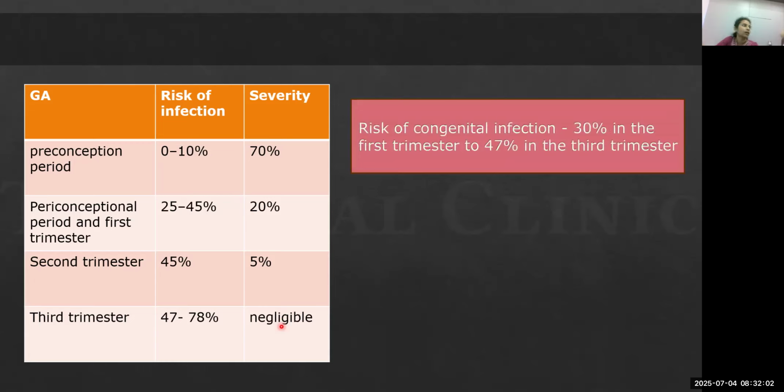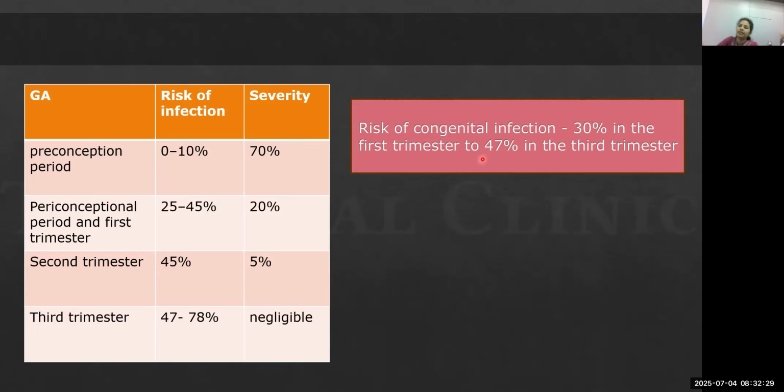It's not true universally about the severity. For example, chicken pox can be severe in the perinatal period also. So the thing we have to understand is early in pregnancy when the mother is infected, the chance is less, but it's going to be very severe.